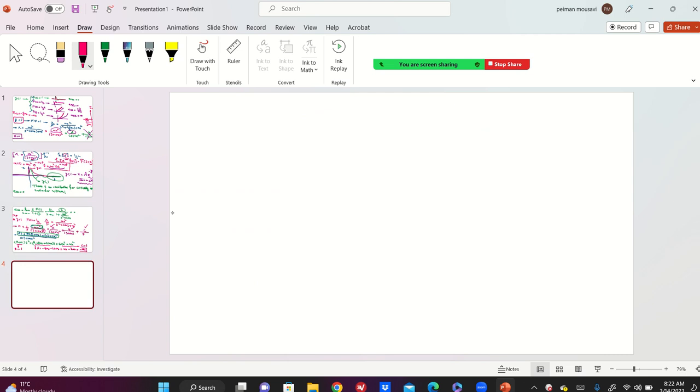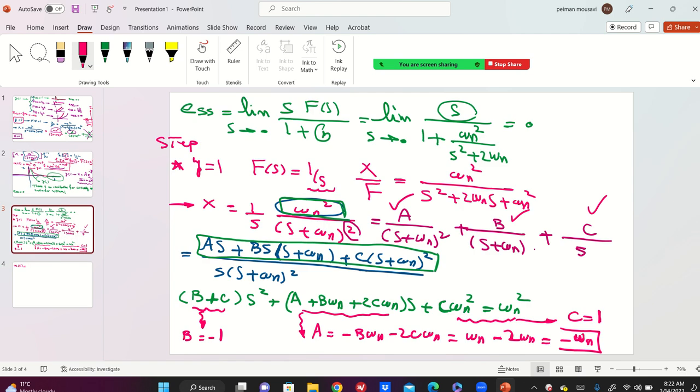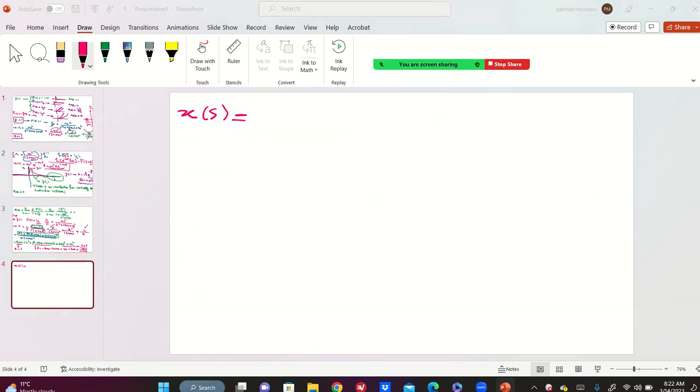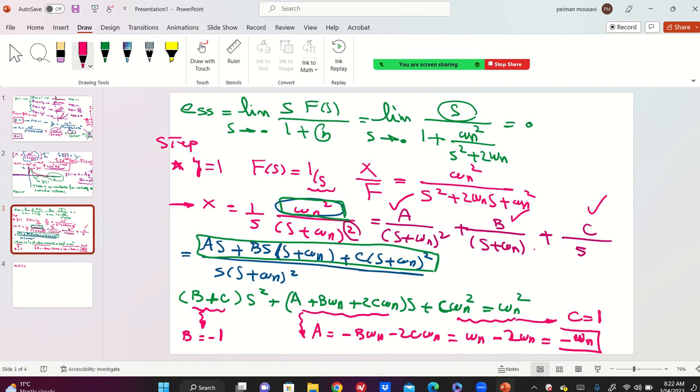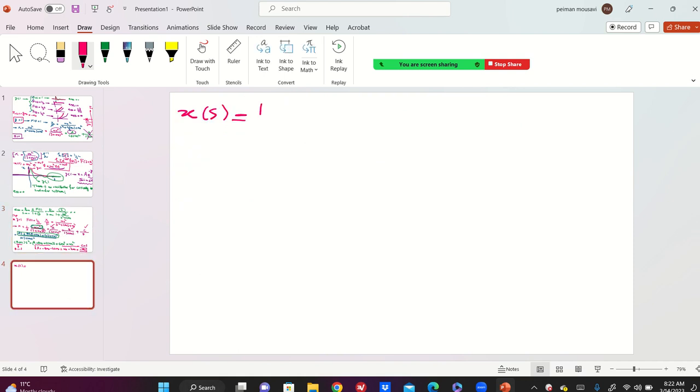Being said, your X of s is going to be, how much is that? C is 1, so 1 over s. Your B is minus 1, so minus 1 over (s plus omega n).